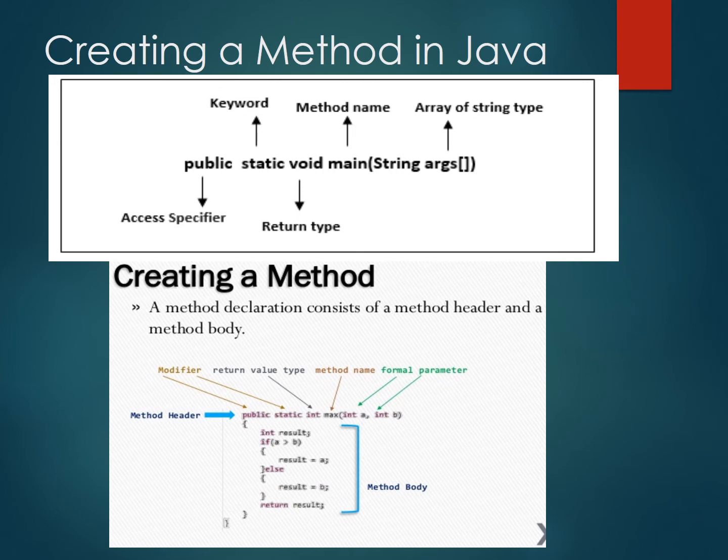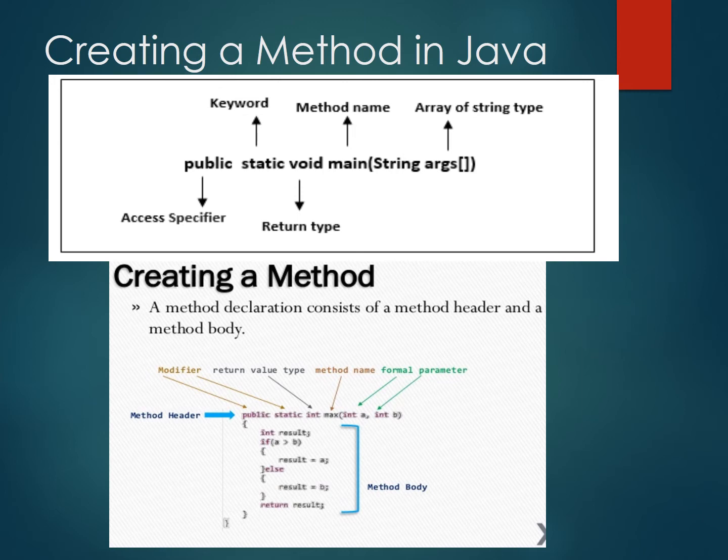And in the list of formal parameters it is specified int a, int b. Here data types are essential to be specified. Int is the data type of a, integer. Again int is the data type of b, that is of integer type. And a and b are collectively known as the formal parameters.